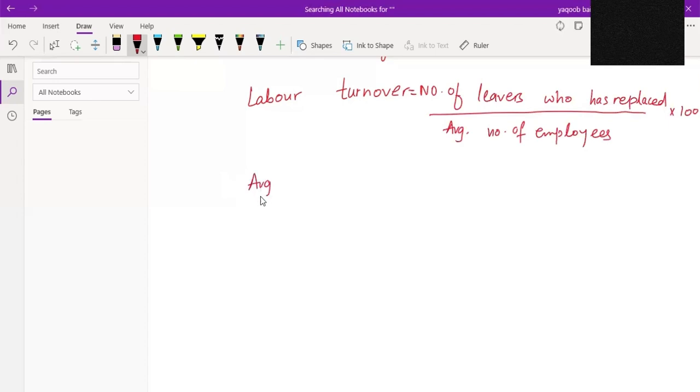And average means what? Beginning plus ending, divided by 2.